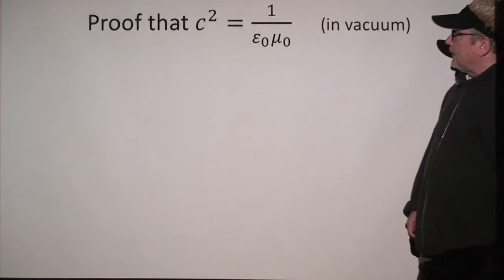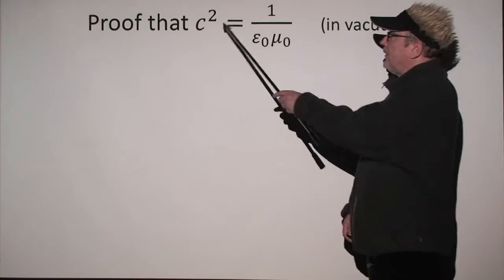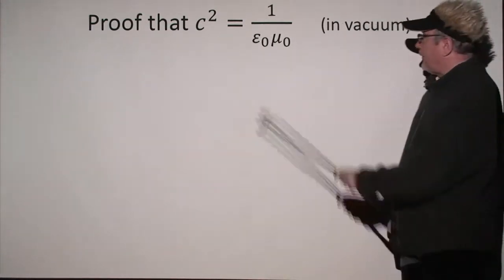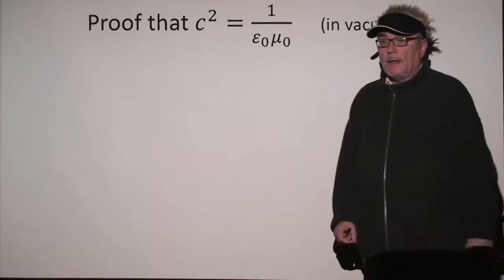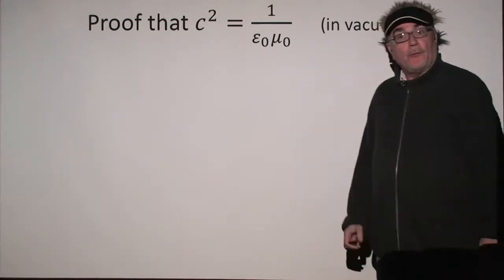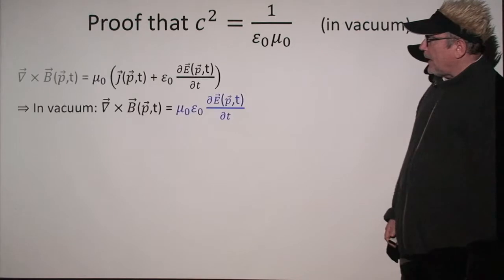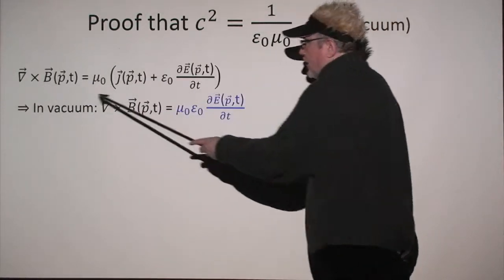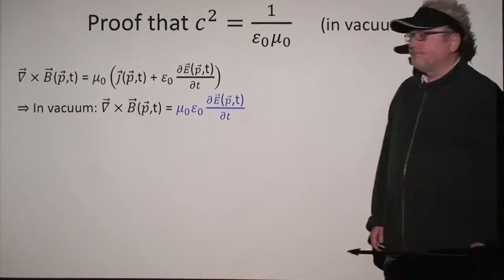Now the second thing we need to prove is that c squared is equal to 1 over epsilon naught mu naught, in vacuum, because these constants are exactly for vacuum. For that we're going to need the fourth Maxwell equation.